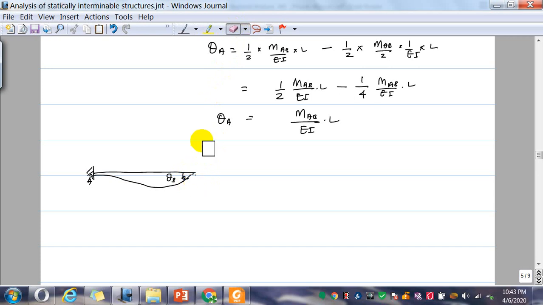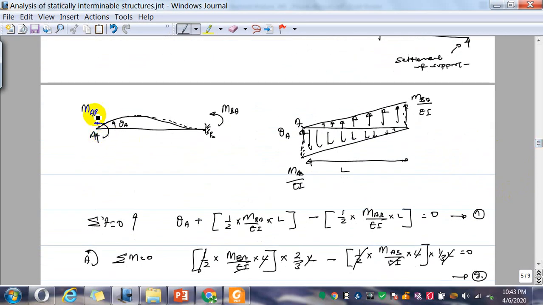If you do the same, B here, A is there, here you have MBA, here you have another counterclockwise MAB. You should remember that if you apply a counterclockwise moment to rotate this by theta A, then you need another counterclockwise moment to keep that from rotating.